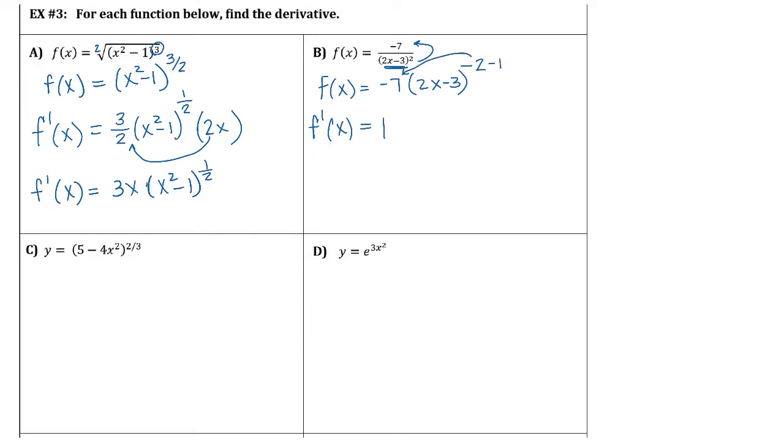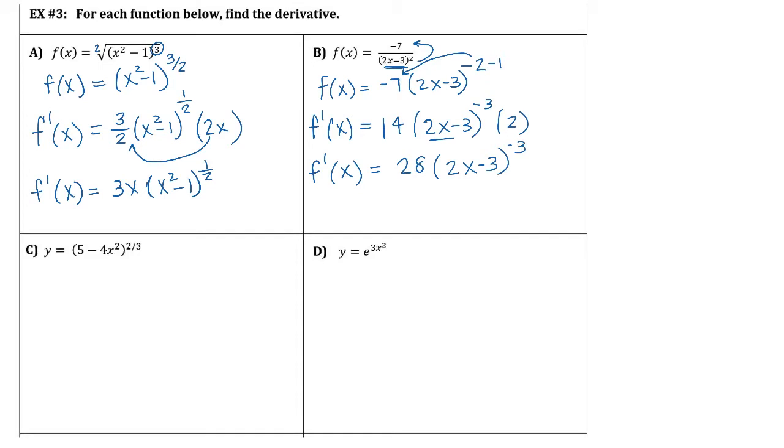And when we do that, we're going to have positive 14 times 2x minus 3 to the negative 3. And then times the derivative of the inside, which is 2. And we're welcome to leave it like that, or our multiple choice would probably have 28 times 2x minus 3, all raised to the negative 3.